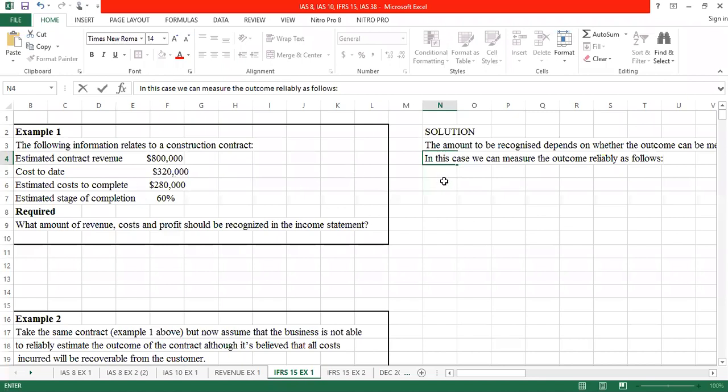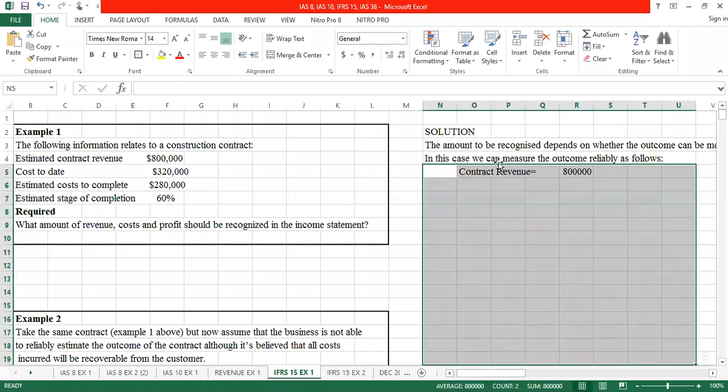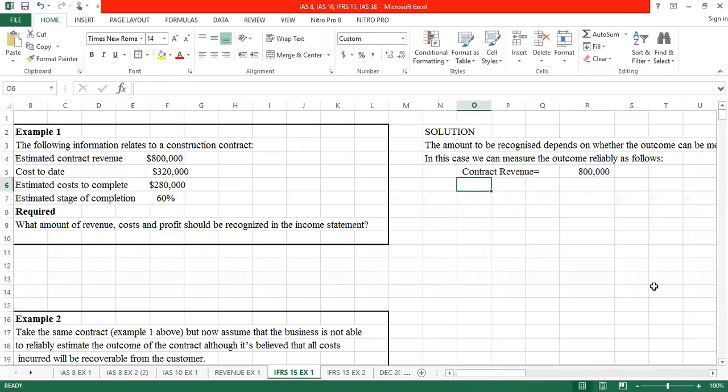So let's look at this. What is our contract revenue? Everyone can see there, the contract revenue is 800,000. So contract revenue less what, to know whether you have made a profit or not?